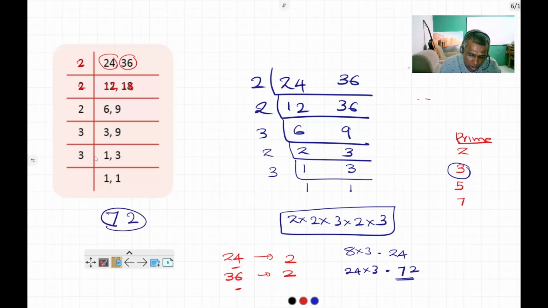If you multiply all of these, you get 72. 72 is the LCM, the least common multiple of 24 and 36.